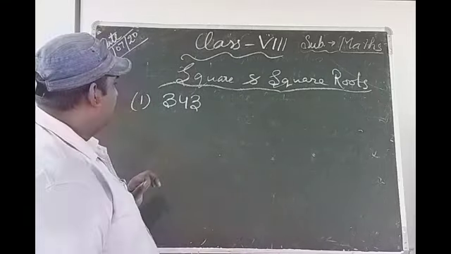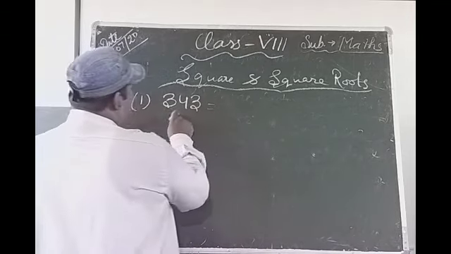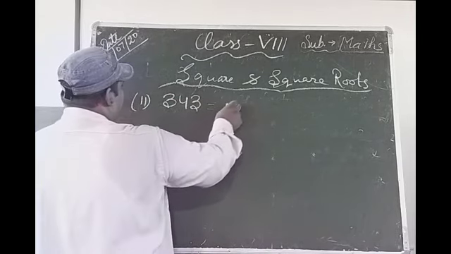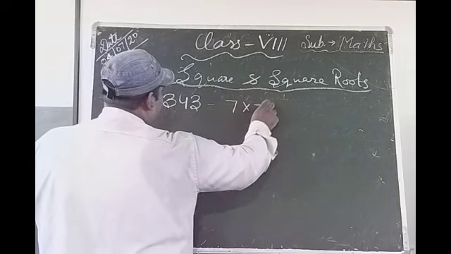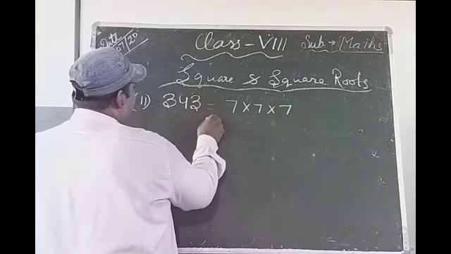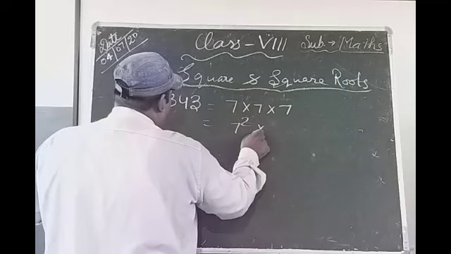Now 343. What will the prime factorization be? 7 into 7 into 7, that is 7 power 2 into 7.